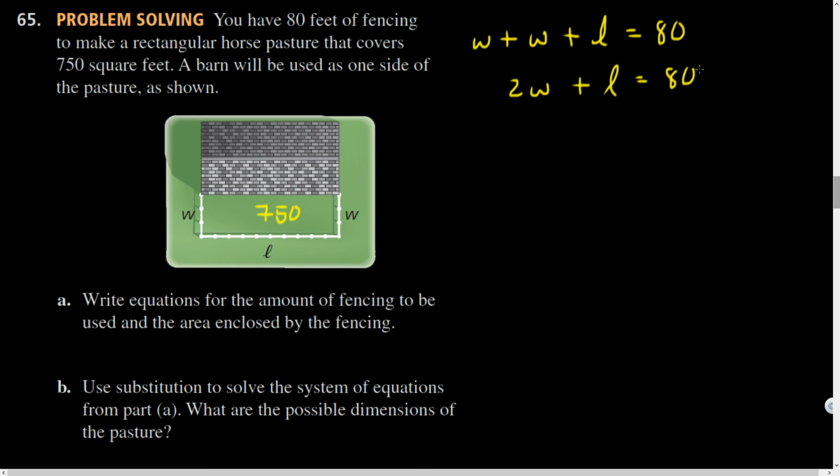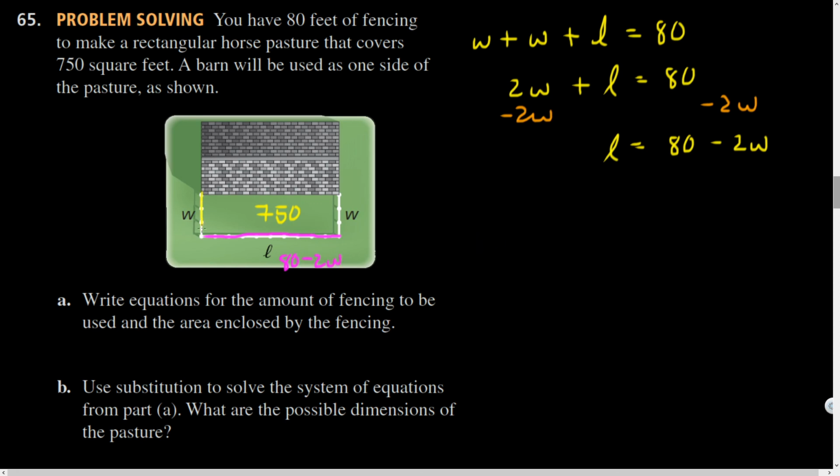And tell you what, it says solve using a system of equations from part A. I'm going to solve for L and then try to write everything in terms of one variable. So watch this. If I subtract 2W from both sides, I'd get L equals 80 minus 2W. And so I'm going to argue that this dimension is 80 minus 2W.